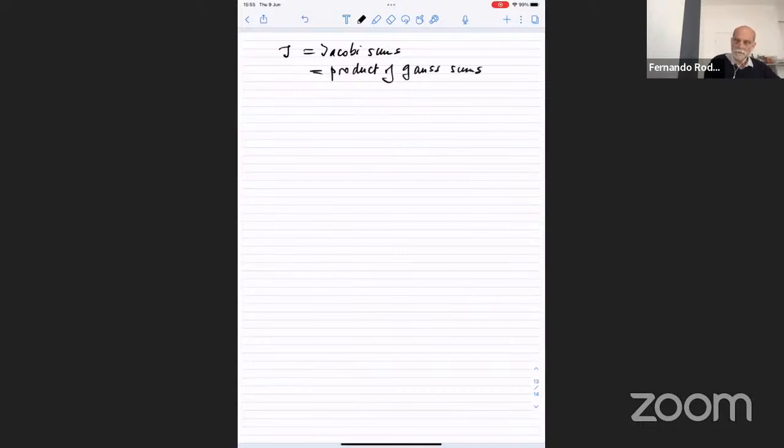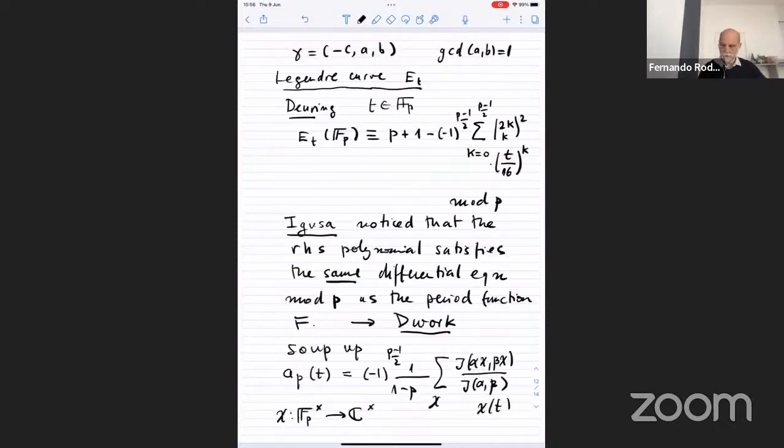If you want to put this in a computer, you better be precise, but I don't think we need it. So there's a way to take the data that defines our hypergeometric motive and build these Jacobi sums that are going to be coefficients of a sum, which gives us this a_p(t).